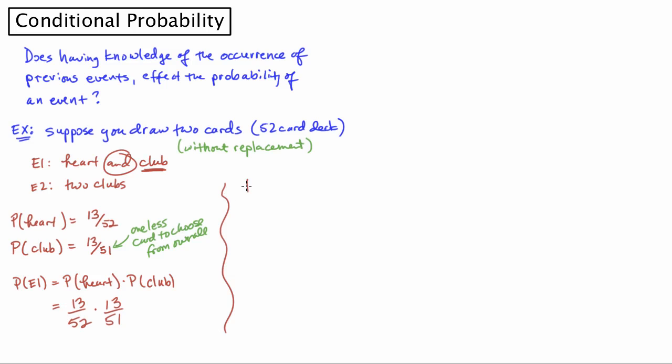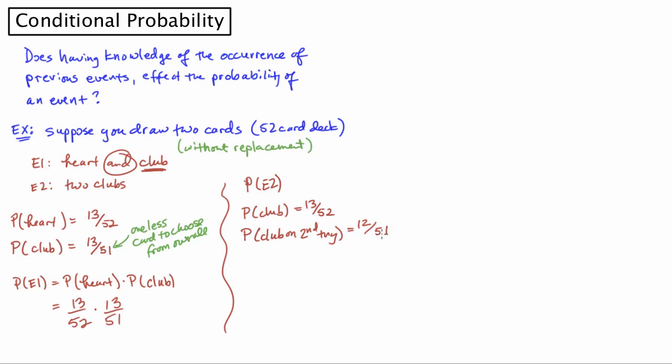Compare this with if I was trying to do the same thing now for event 2. Well, event 2 is 2 clubs, so the probability of a club first would be 13 out of 52. But then if I tried to draw a club again, so I'll just say club on second try, well, since I've already drawn a club previously, there's only 12 of them left in the deck.